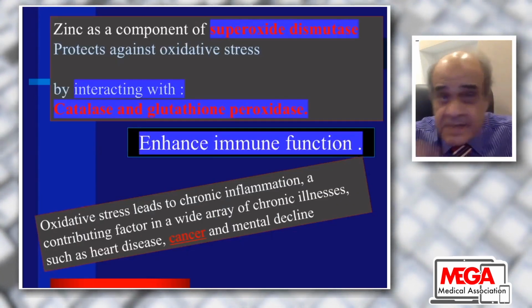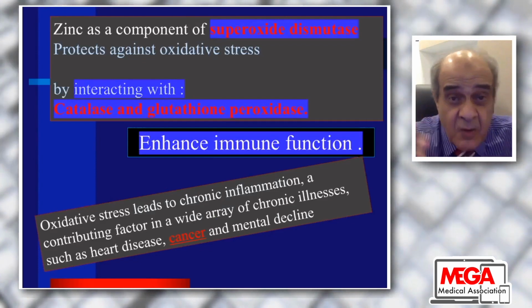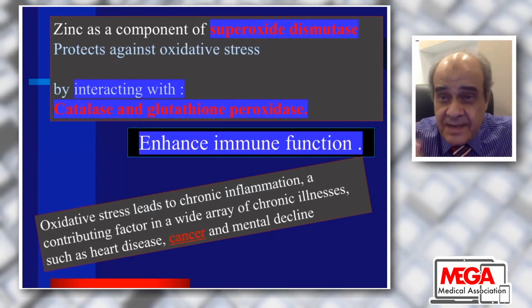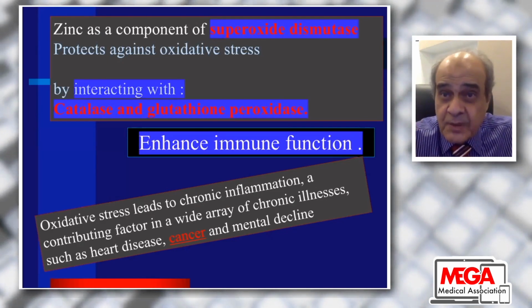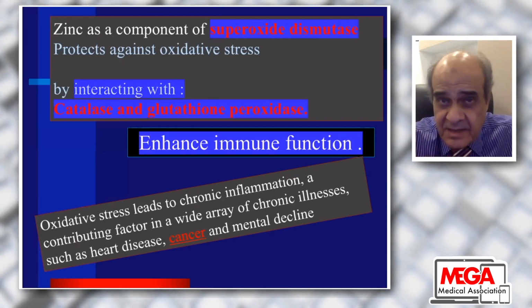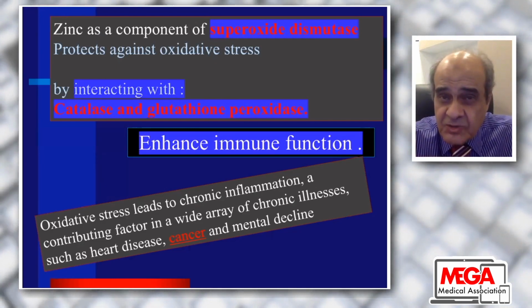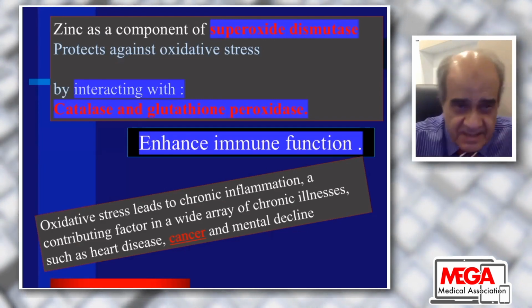Zinc is a component of superoxide dismutase. It is very important really in all the antioxidant enzymes in the body: glutathione peroxidase, catalase, superoxide dismutase. It hinders the changing of oxygen molecules to oxygen free radicals.